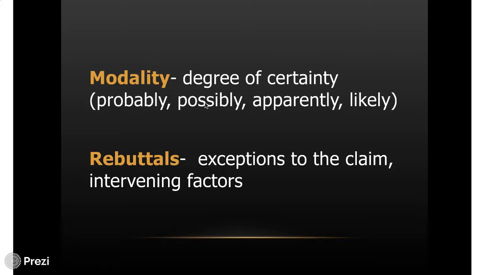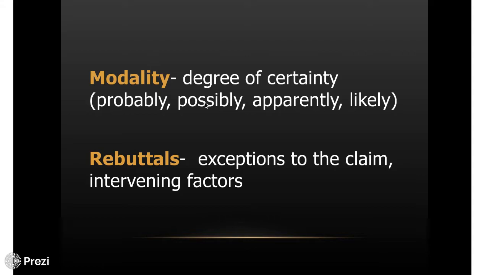So if you have something like usually, probably, most likely, rarely, hardly ever, those are all degrees of certainty. Those are all modality. You don't have to give a percentage, like this is correct 97% of the time, though I guess if you can prove it, that can add to it.